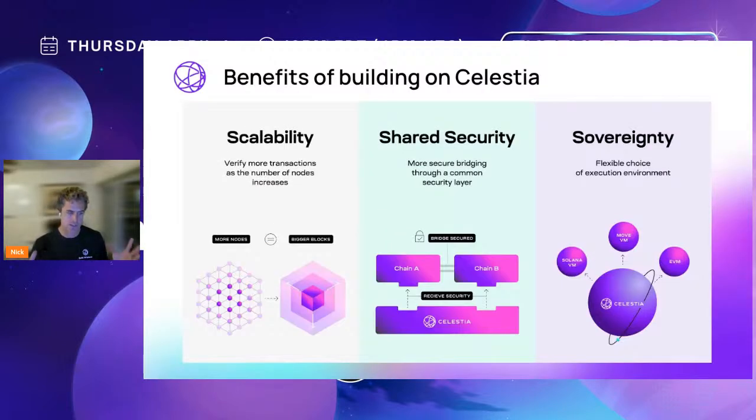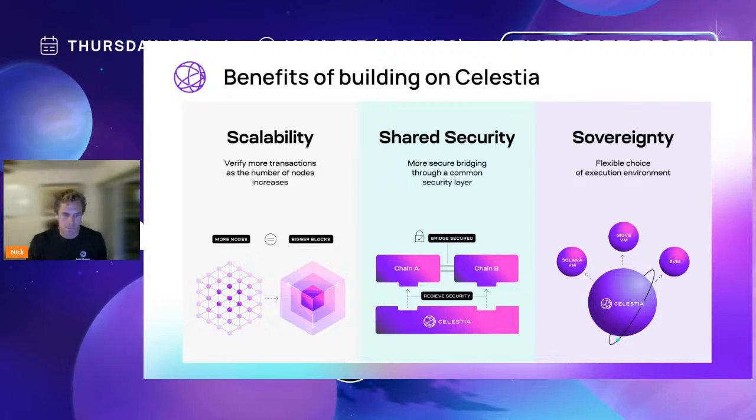And so to sum up, the benefits of building on something like Celestia are that you have scalability, where the block size is not fixed. It can scale with the number of light nodes and still preserve verifiability. You also have shared security between the different chains, which maybe we can talk about in more detail later.